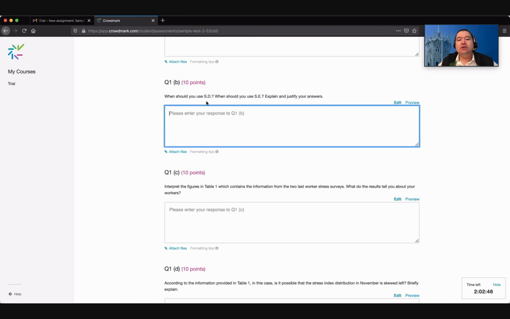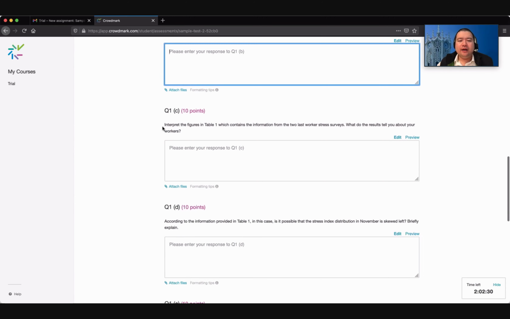Again, the standard deviation is measured at the individual level. The standard error is measured as the deviation at the group level, the sample level, or for the population case. So question C: interpret the figures in Table 1, which contains the information from the last two workers' stress surveys.